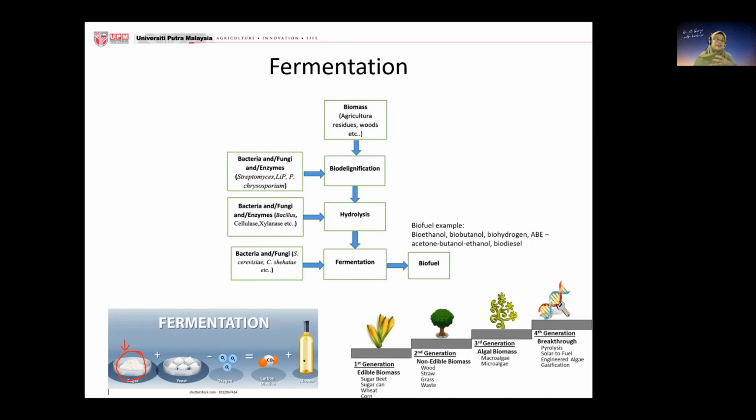And during the advances with third generation biofuel, fourth generation comes out. In fourth generation, it relates to genetic modification.